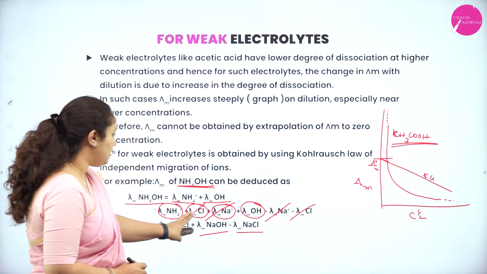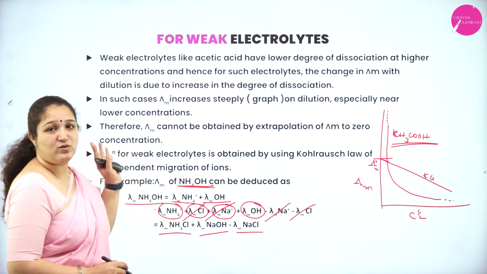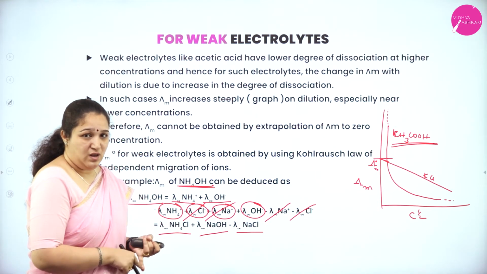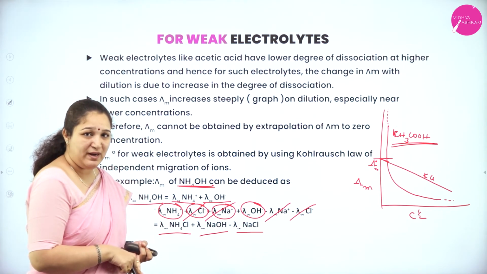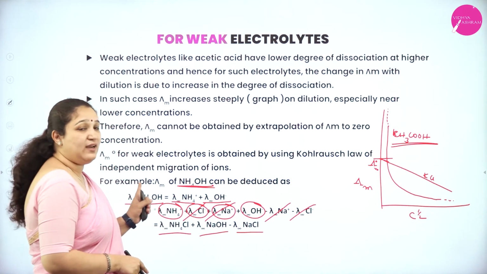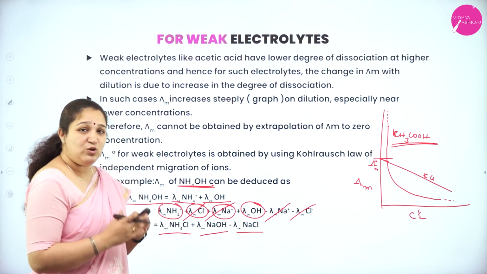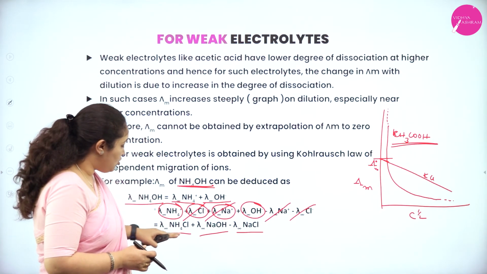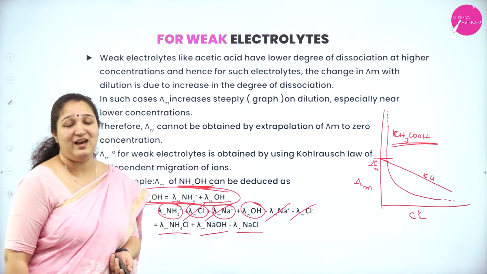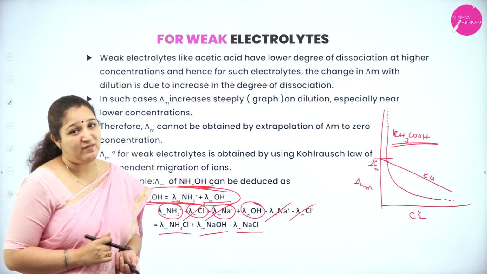Molar conductivity of ammonium ion and molar conductivity of hydroxide ion. That is nothing but ammonium hydroxide. So I take the molar conductivity of ammonium chloride, add sodium hydroxide and subtract the molar conductivity of sodium chloride, and I ultimately get the molar conductivity of ammonium hydroxide. So, I can use the molar conductivity of strong electrolytes to calculate the molar conductivity of a weak electrolyte using Kohlrausch law. Okay? So, I hope you have understood.